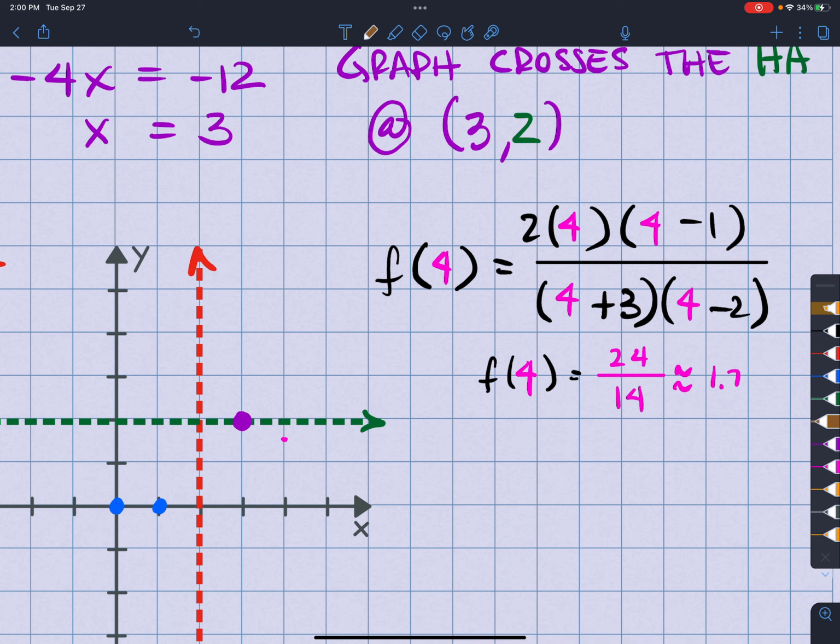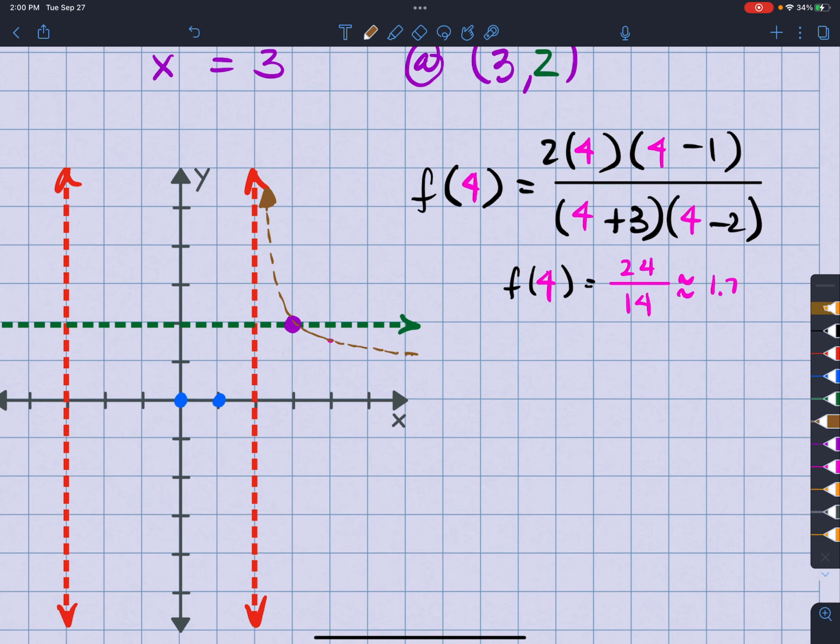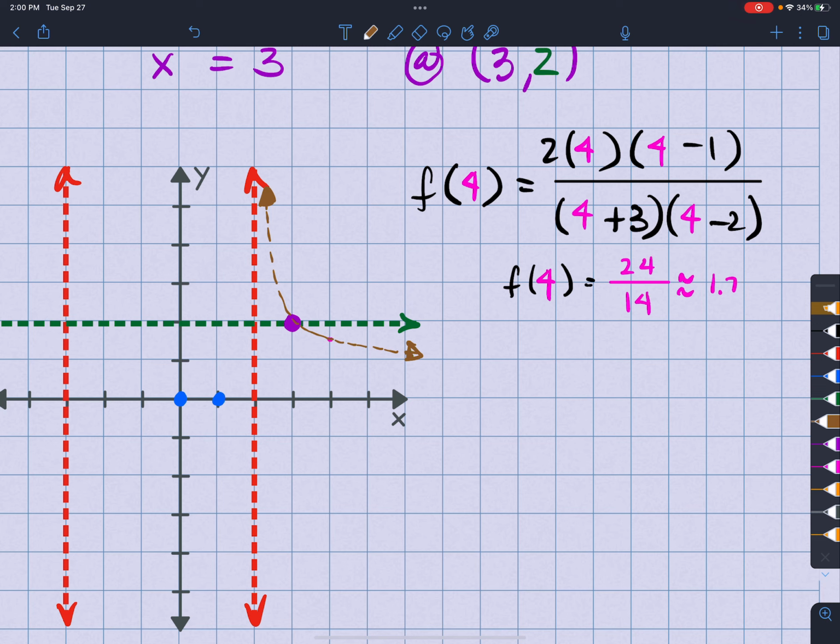So that means I'm going to have something like this, right? And since this one is odd, that means this is going to have to come up this way and somehow loop to do something like this.